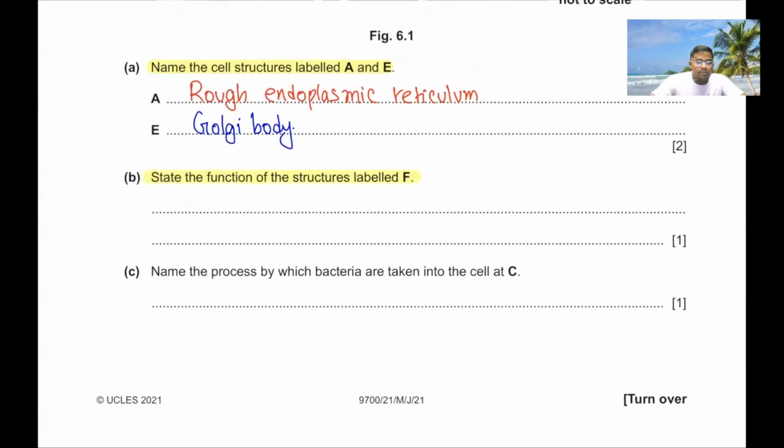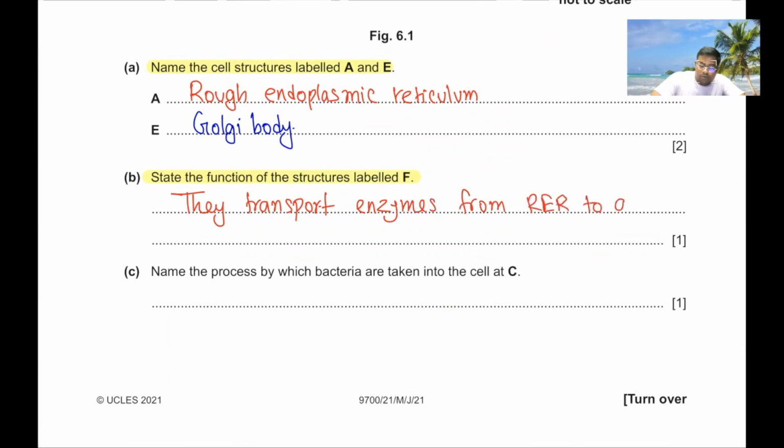They transport enzymes from RER to Golgi body. Part C, name the process by which bacteria are taken into the cell at C. Phagocytosis.